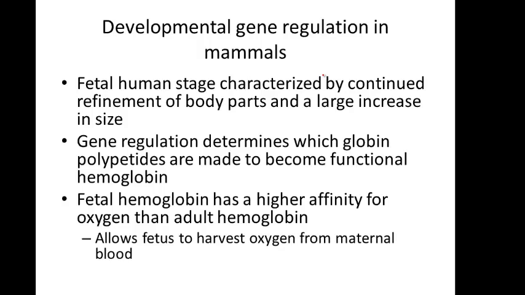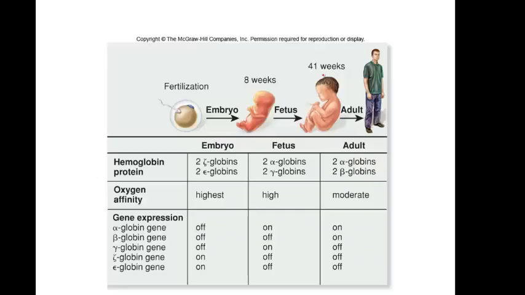Fetal hemoglobin is different than adult hemoglobin. It has a higher affinity for oxygen, which allows for more efficient transport of oxygen from the maternal blood to the fetus. And so during the earliest embryonic stages, the hemoglobin protein has much different components than the fetal hemoglobin and the adult hemoglobin.